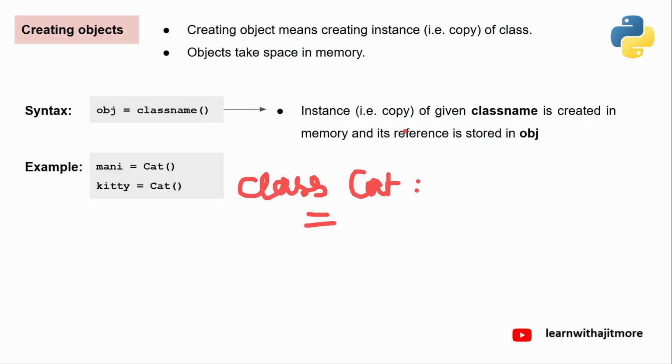Okay, so don't worry. Python says if any class is an orphan, it will get one parent class automatically, and that parent class is object. This is the same rule in Java as well, but in Java that O is capital, and in Python your o is small. We don't do it.